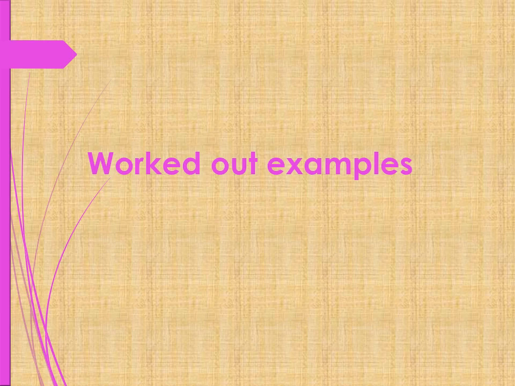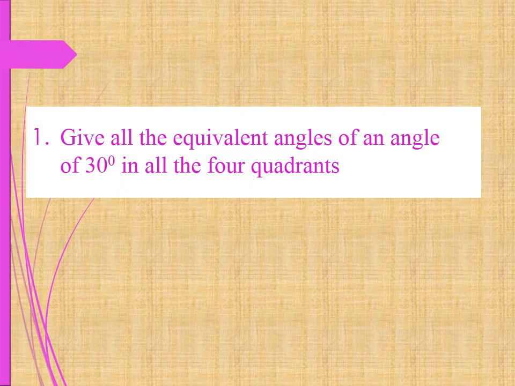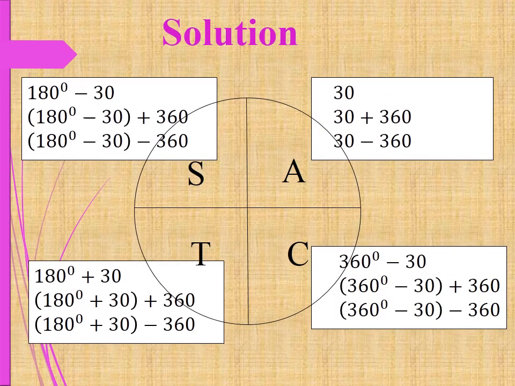Then we can go to worked out examples. Example 1. Give all the equivalent angles of an angle of 30 degrees in all the 4 quadrants. Solution. In the first quadrant, we have 30, 30 plus 360, and 30 minus 360.